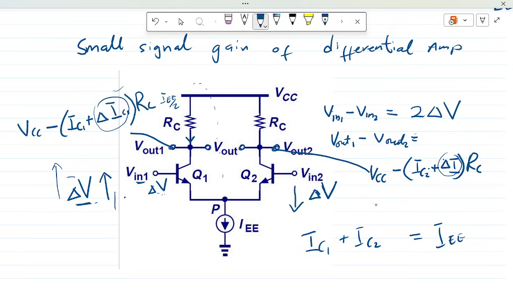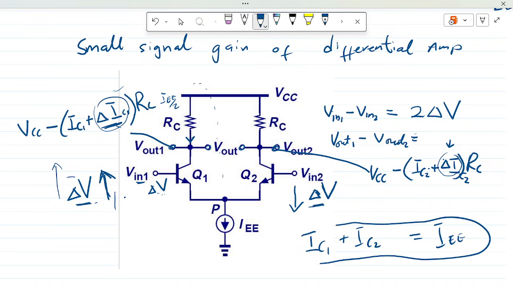And that is only possible if the change in IC2 and the change in IC1 sum up to 0. So we can conclude that if the voltage at the input goes up by a small change delta, then the current would also go up by a small change delta. And if the voltage goes down by a small change delta, then the current should go down by an equal amount, delta, in IC2 for this relation to be satisfied.